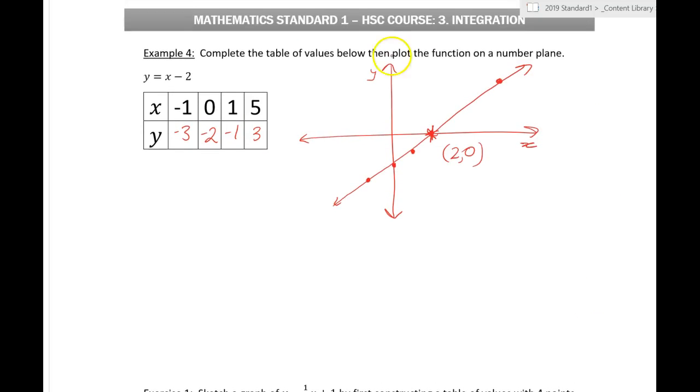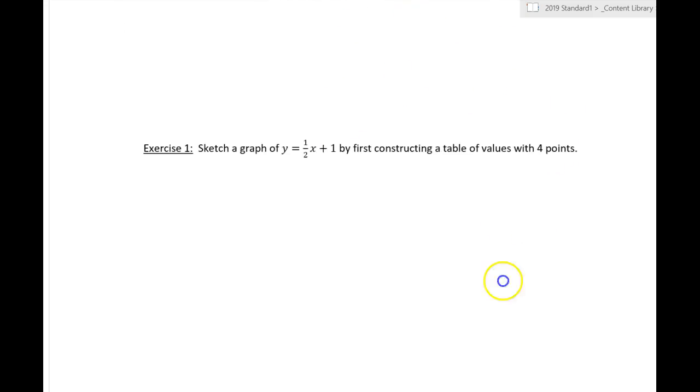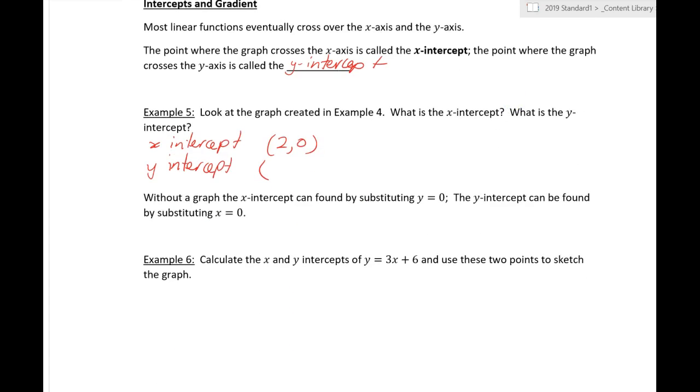My y-intercept is where it crosses the y-axis, and to get to this point here I go across 0, so it's 0, and it crosses at negative 2, so my y-intercept is 0, negative 2. Good. Wonderful.